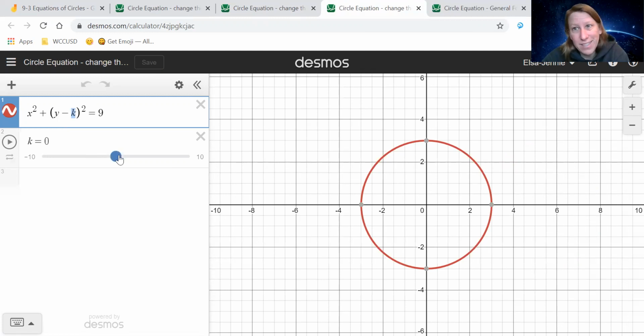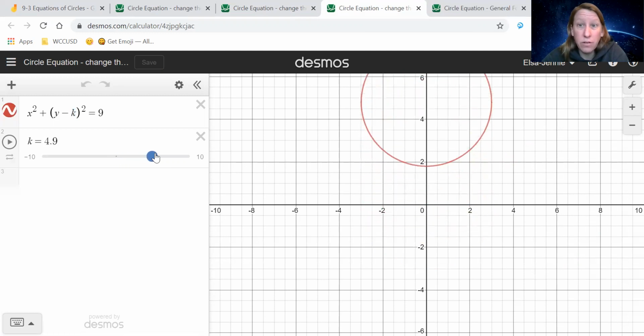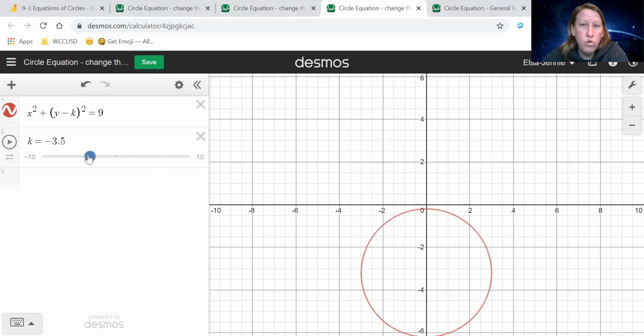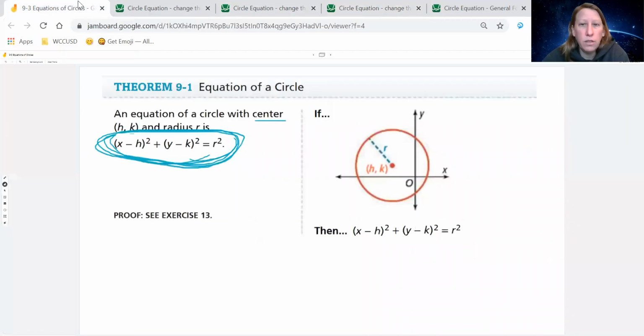What do you predict that's going to do? If I make K go up, the circle goes up. So if K is 4, the center of the circle is at 4. And if K is at -3, the center of the circle is now at -3. Kind of cool.